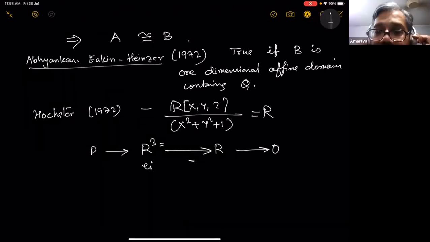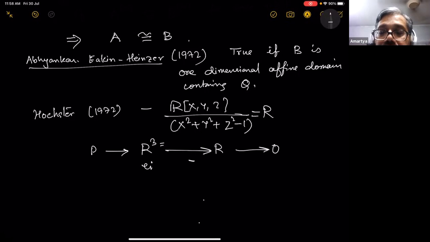Neena, do you mean x square plus y square minus 1 or plus 1? Oh, sorry, I made a mistake here. This is X square plus Y square plus Z square minus 1. So it's a real sphere. This has three basis, R^3, so I can write it as Re1, Re2, Re3.